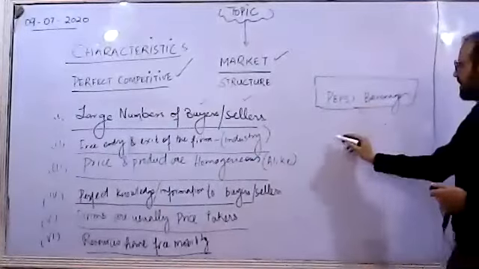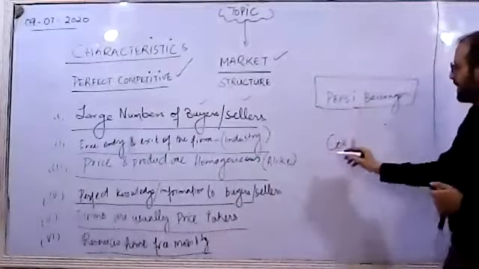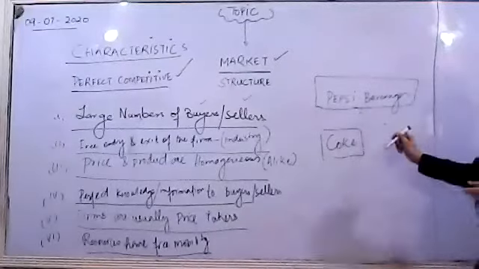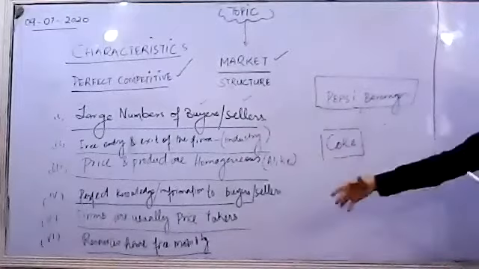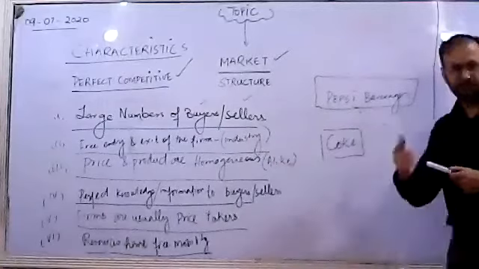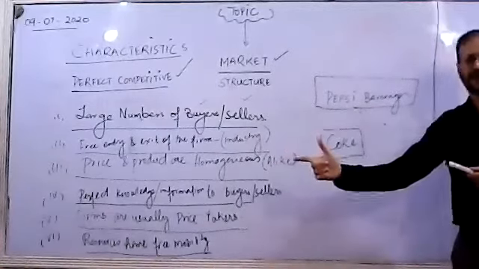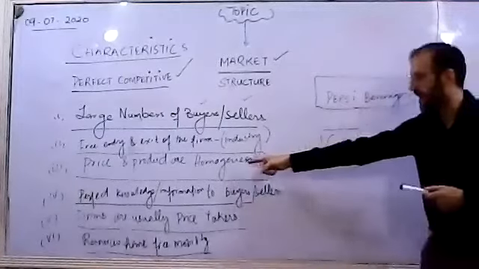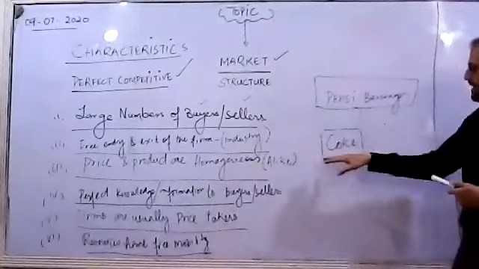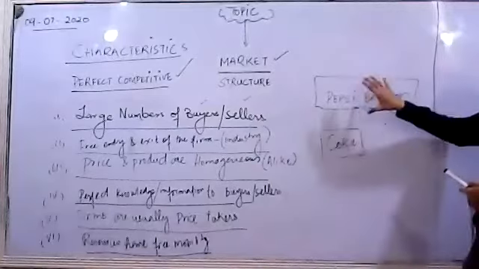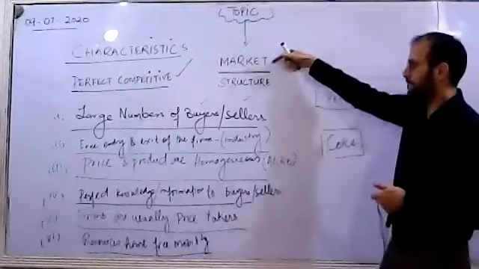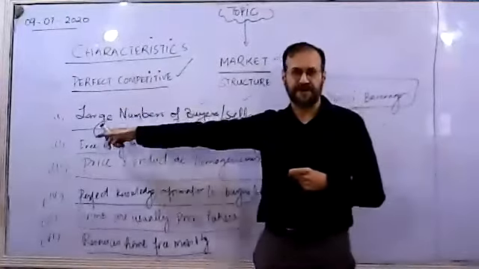If you have a bottle of Pepsi, and next to it a bottle of Coke, and somebody asks you to please pick up any cold drink or beverage, you must ask, which one? Is it Coke or Pepsi? That means you can differentiate between them. So it's not homogeneous. This property again shows that Pepsi, Coke, or any branded item does not fall in the market structure of perfect competition.